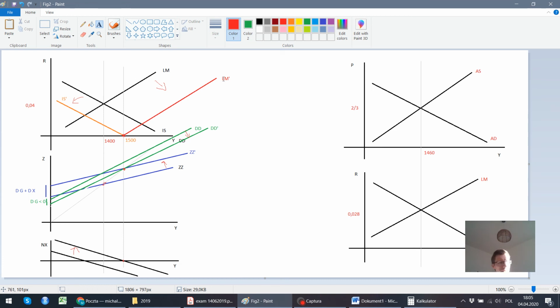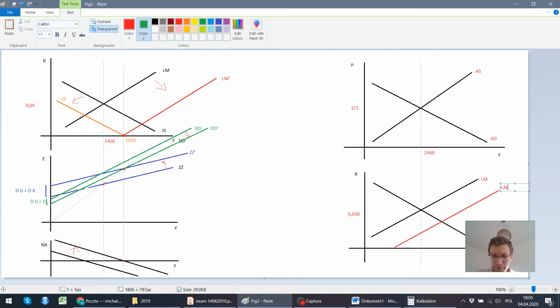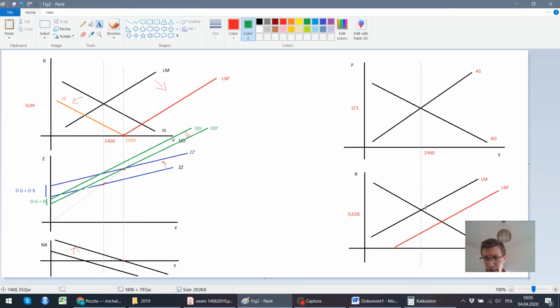So now what is happening in the short run in the economy? In the short run, the central bank is increasing the supply of money. So the new LM curve is moving to the right hand side, LM prime, because we had monetary expansion. This, of course, in the short run would increase output and decrease the interest rate.